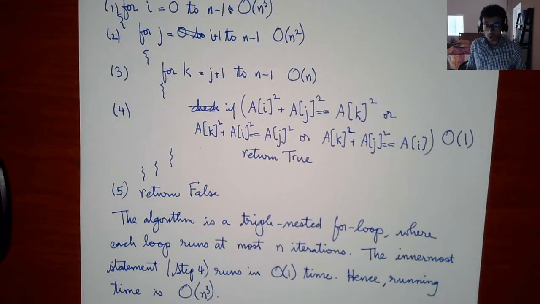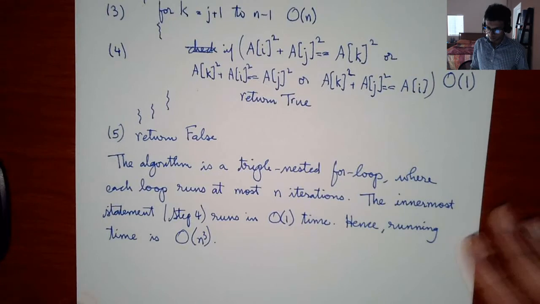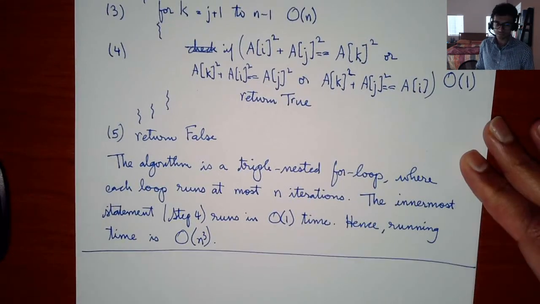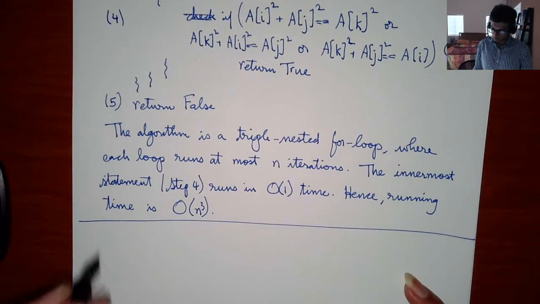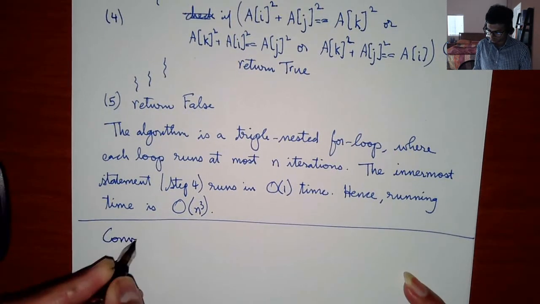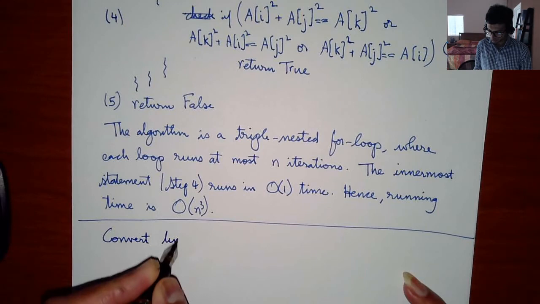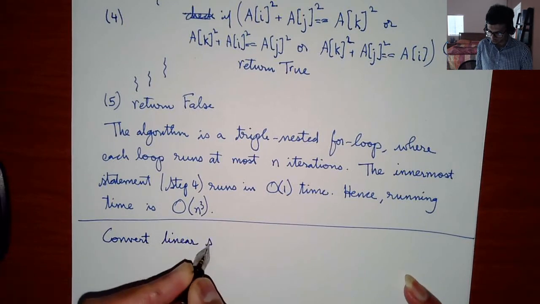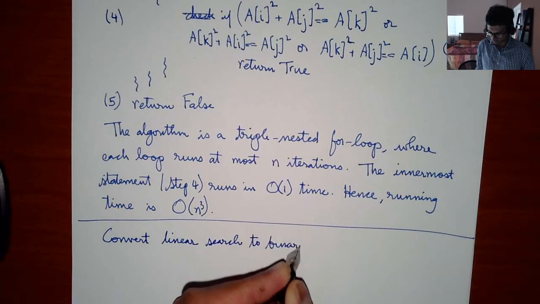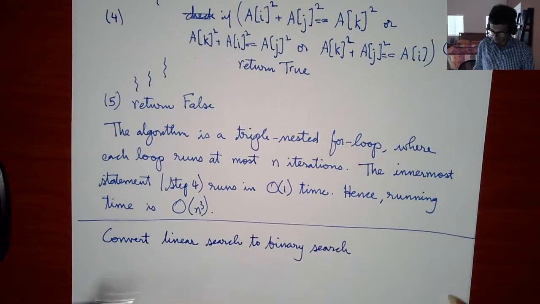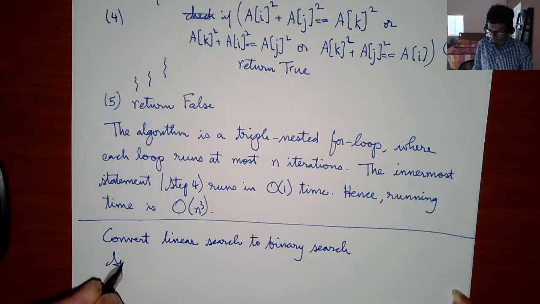So now how do we improve? The first question we ask is, what are our tools for improvement? Convert a linear search to a binary search. That's one tool, which is related to sorting the array.